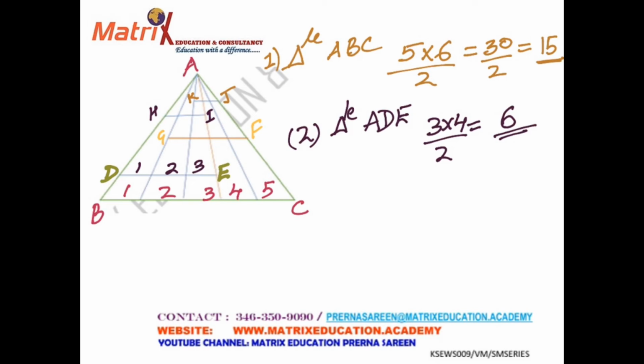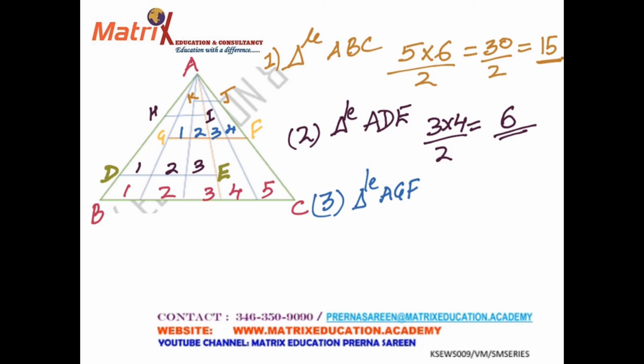Now I'm putting 3 for line GF. So the triangle we have is AGF. Okay, the triangle AGF. And how many partitions do I have? 1, 2, 3, and 4. So I have 4 partitions on the base GF.